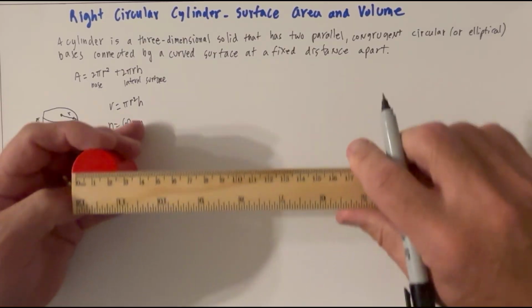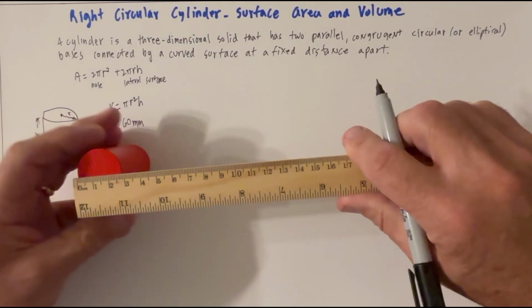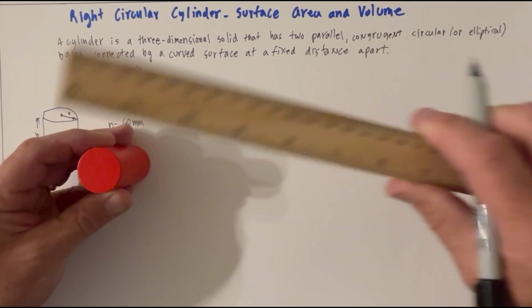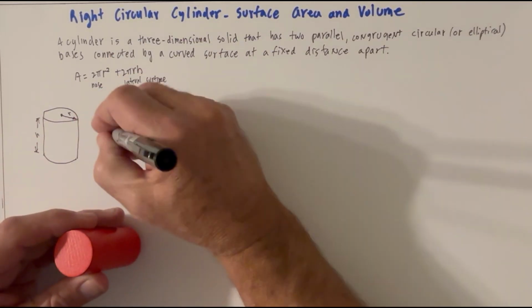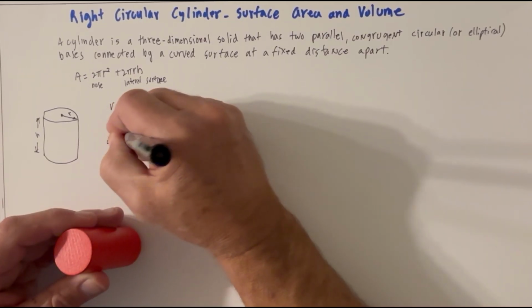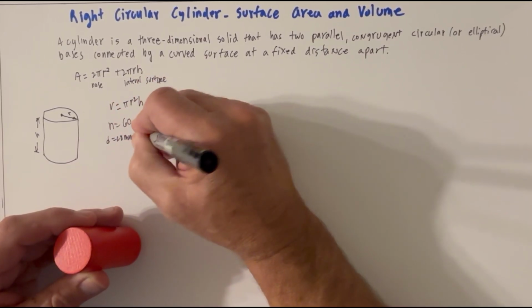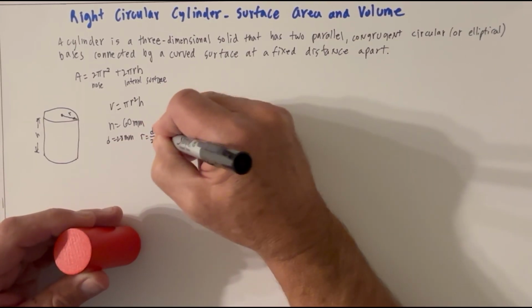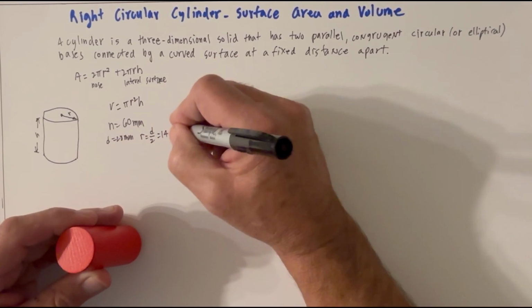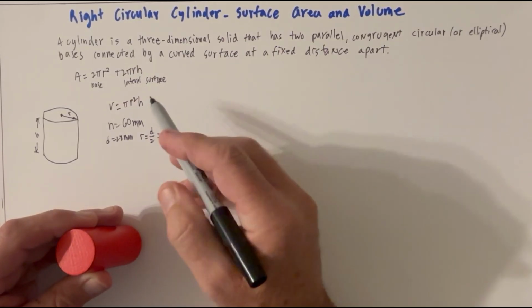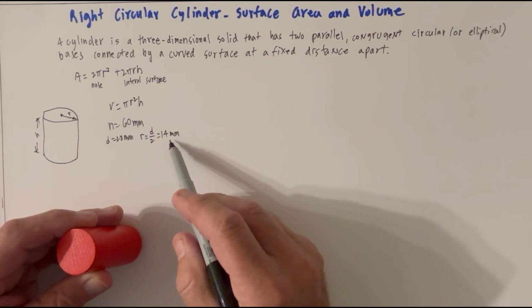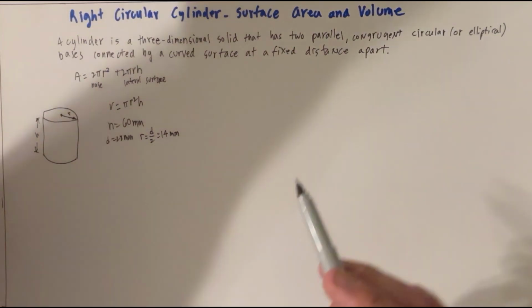And then the diameter of the base is about 28 millimeters. We know that the radius is half the diameter, so that's going to be 14 millimeters. So there's our two basic numbers. The height is 60 millimeters, the radius is 14 millimeters. So now let's do our calculations.